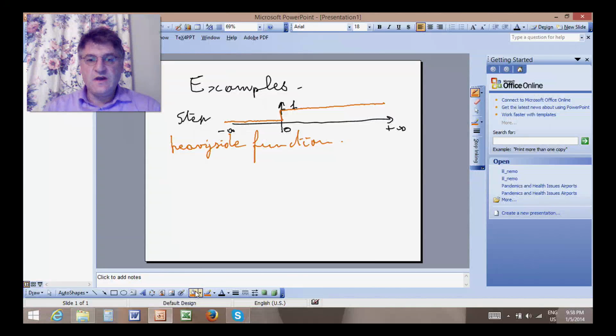Okay. So let's now compute the Laplace transform of a step function.